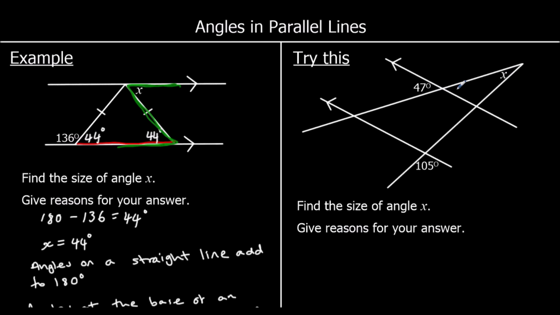So we'll find both of these two angles, and then we can find out what x is using angles in the triangle. So we can say that this angle is opposite to 47, so it's 47 degrees. Opposite angles are equal.